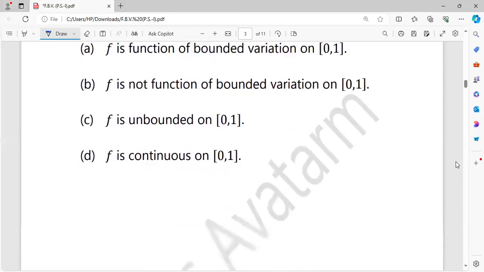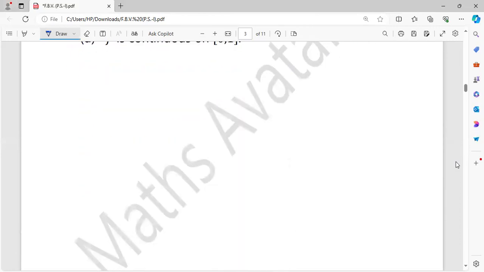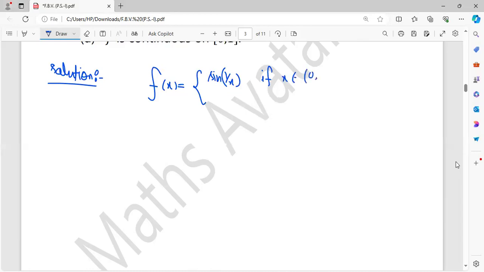So let's check it first. So you see that f(x) is equal to sin(1/x) if x belongs to (0, 1], and 0 if x is equal to 0.